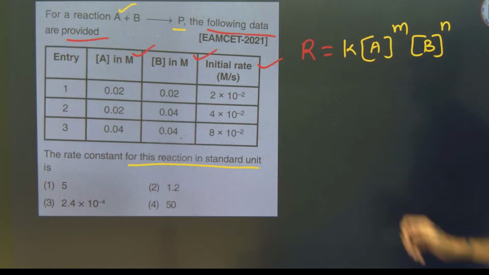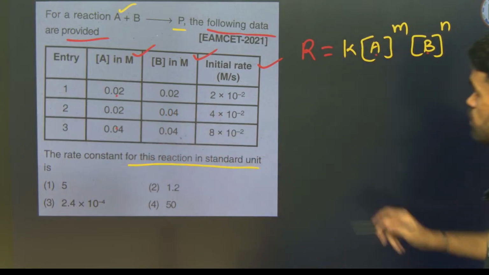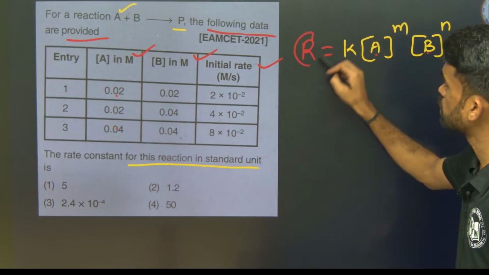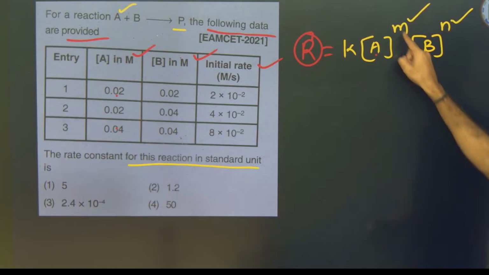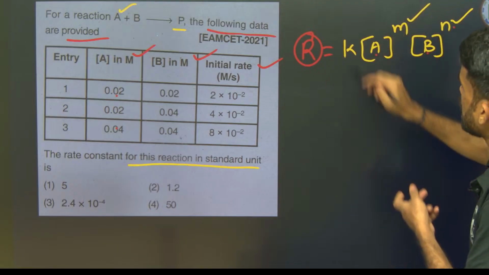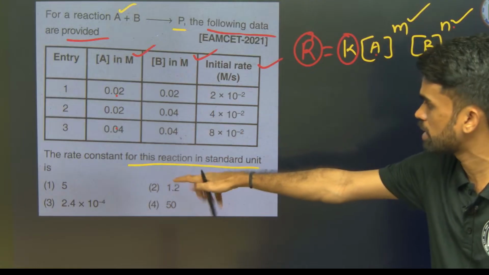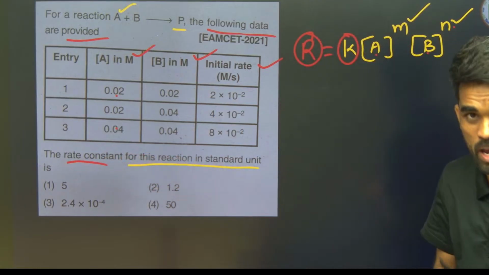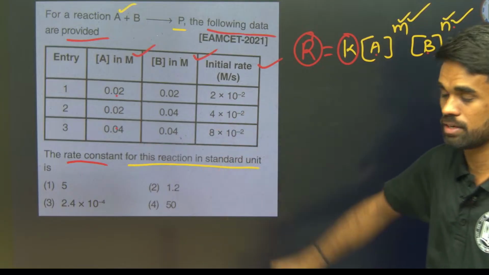Now here I have the concentrations of A and B, and the rates are also given, but they haven't provided the order of this reaction. If I know the orders, by putting all the values I can calculate this K value. They are asking for K only, the rate constant. So what is our primary duty now? We need to calculate this m and n from the given data.